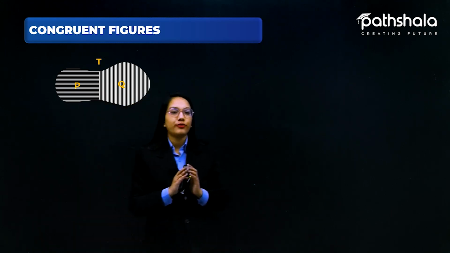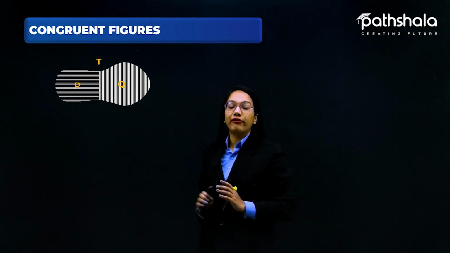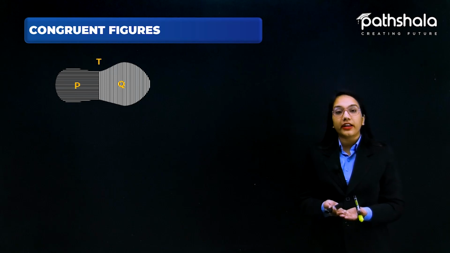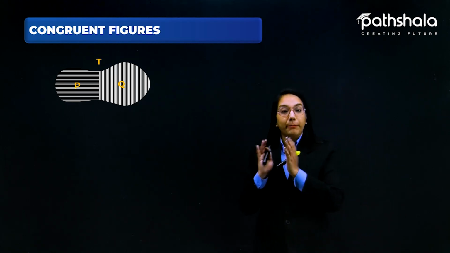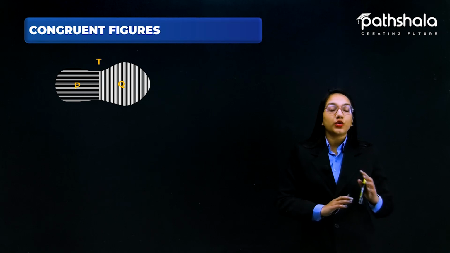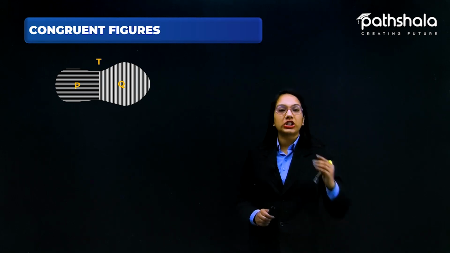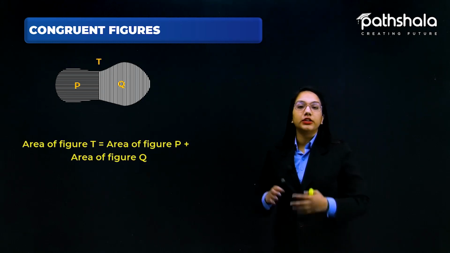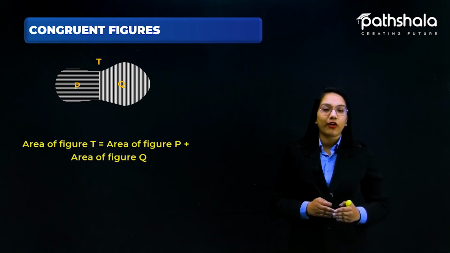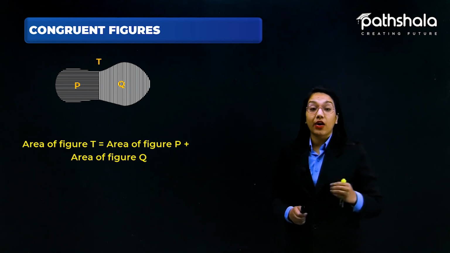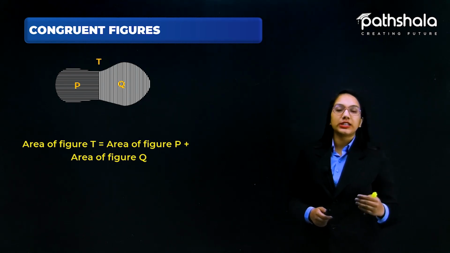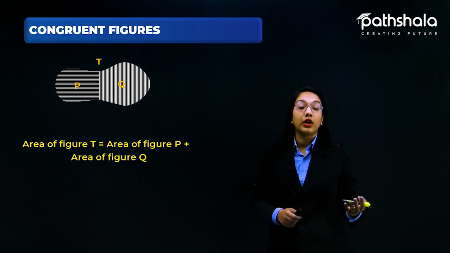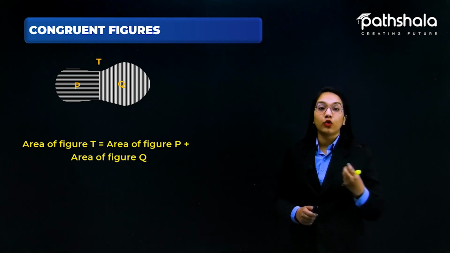So if I wanted to find the area of such a figure, then I can say that the area of the total figure T can be calculated if we calculate the area of figure P plus the area of figure Q. So in order to find the area of such types of figures, we always use the concept that the area of figure T is equal to the area of figure P plus the area of figure Q. This is the way through which we can find the area of any figure which has non-overlapping portions.